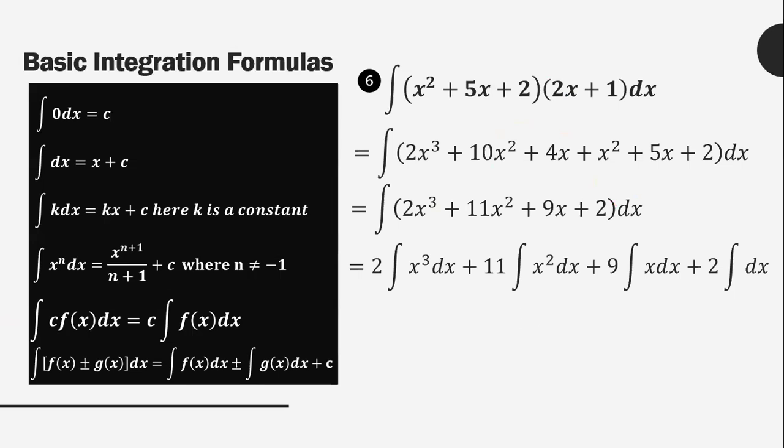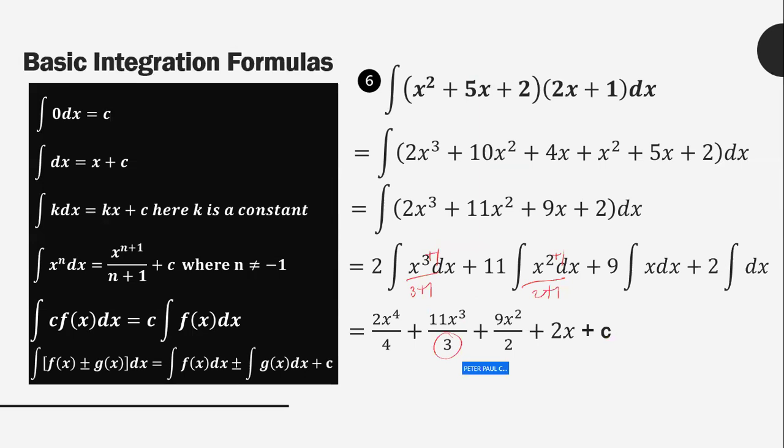Then we answer, we'll get 2x raised to 4 over 4. Simply add 1, 3 plus 1. Then in here, 11x cubed because we have 2 plus 1 and then 2 plus 1 here. So that becomes over 3. Then 9x, 1 plus 1 over 1 plus 1.